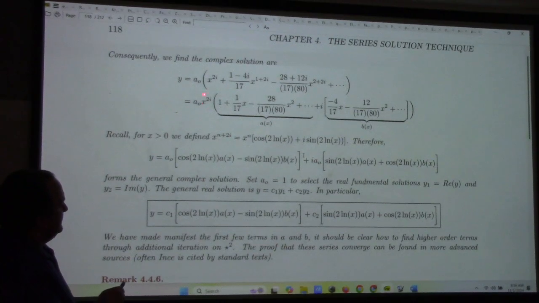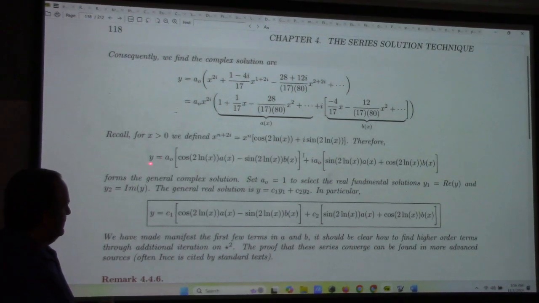On the flip side, x to the 2i, what is it? This is actually cosine of 2 log x plus i times sine of 2 log x. So when I multiply that complex thing times this complex thing, I get cosine 2 log x times the a from this times that, and then I get a minus, because the plus i sine 2 log x times that i gives me a minus, so I get minus sine 2 log x times this b of x.